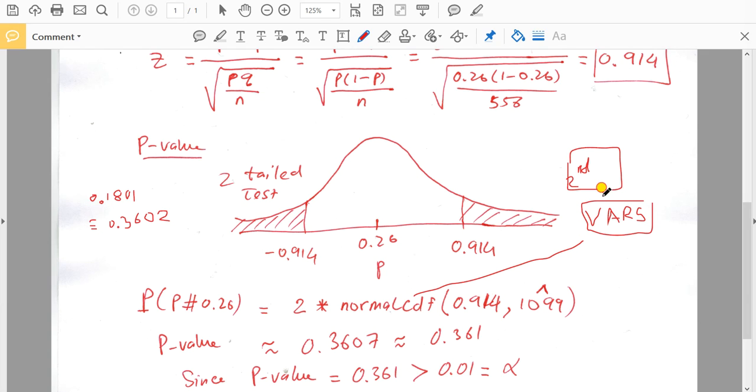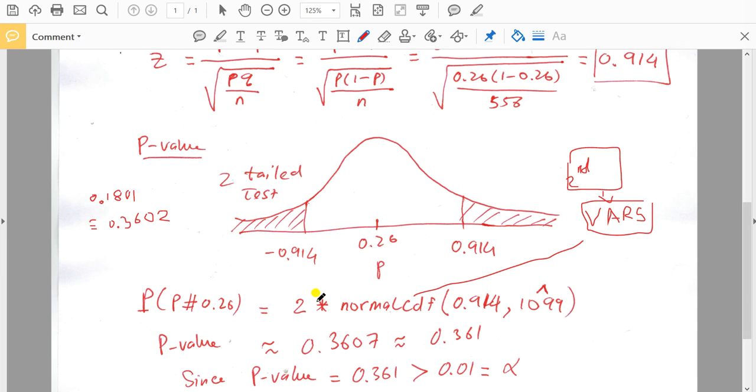Then pick normal CDF and input the lower and the upper limit, and this gives you the area under this curve. And the reason I multiply by 2 is that I want the double area, because this side and this side are the same thing, they are symmetrical.